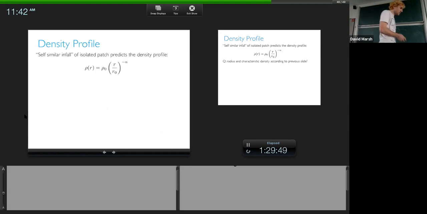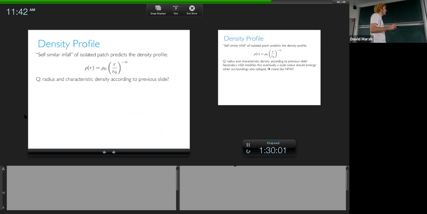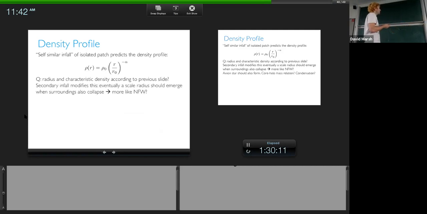We also need to know the density profile. If you do what's called self-similar infall of an isolated patch, you can predict the density profile and it has some power law form. The question is, what is the radius and characteristic density of this profile? What is this rho 0, r0? Are they the virial radius and virial overdensity? I don't know. I'd like to answer that question.